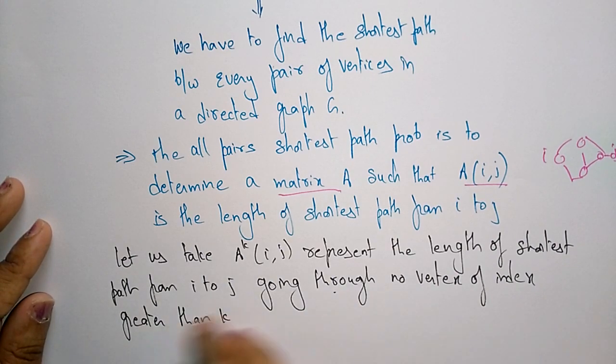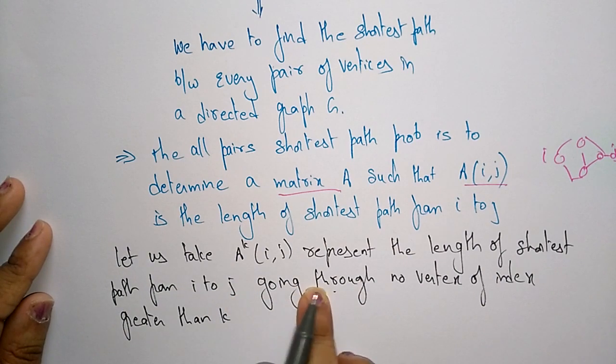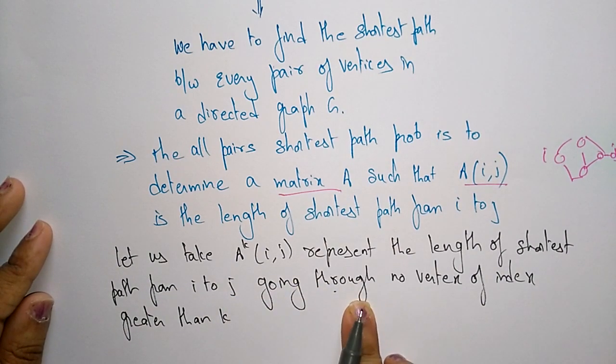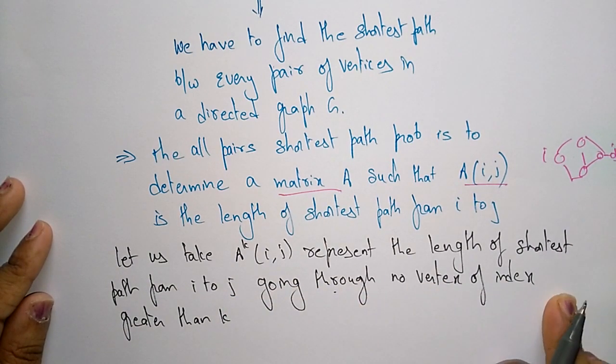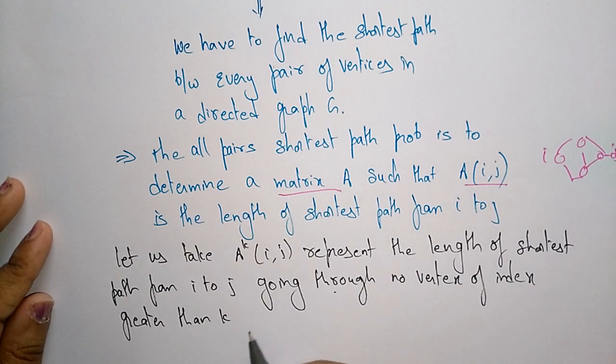So whatever you are visiting from i to j, you are visiting some nodes. So you have to consider that no vertex of index greater than k. So those vertices you have to visit.